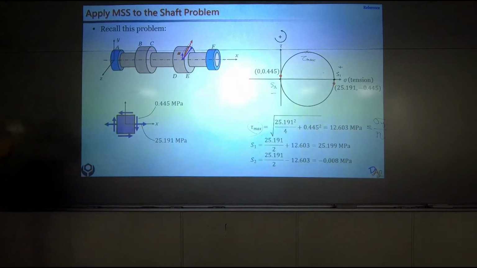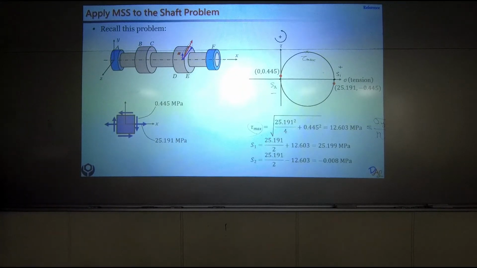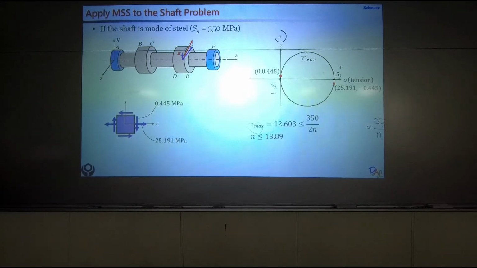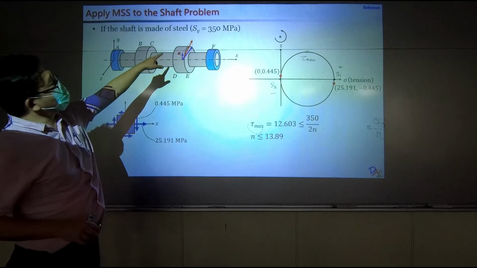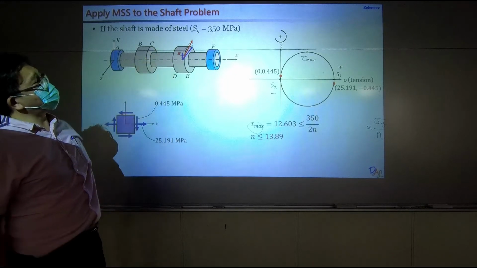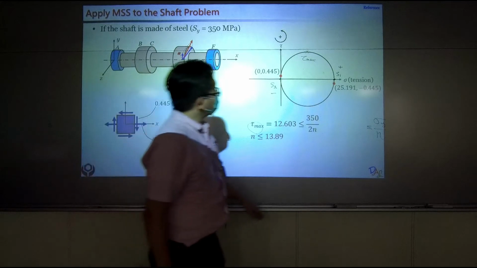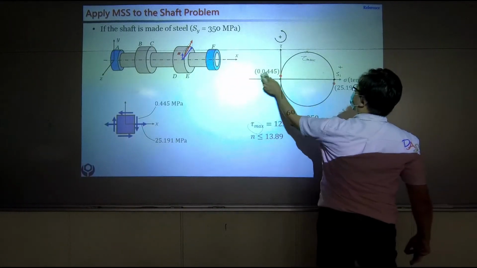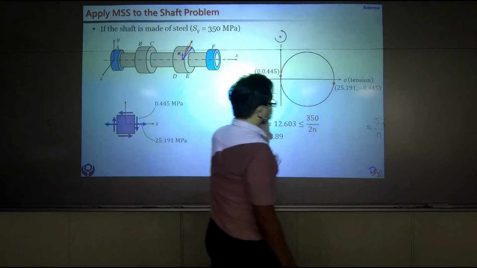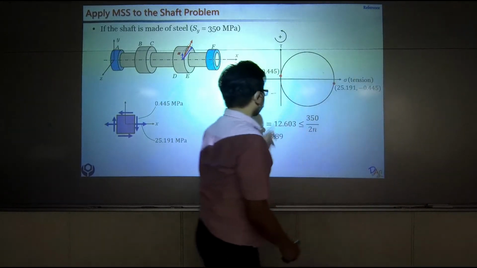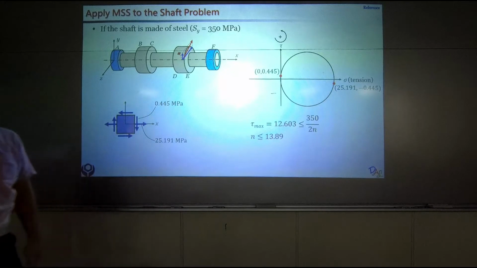Okay, so I use this, and I try to assume this material is steel. Steel has 350 megapascal of yield strength. So let's consider steel with 350 megapascal yield strength.